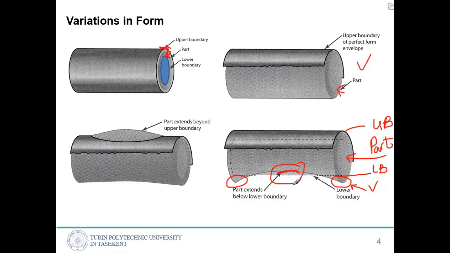In the smaller case you cannot repair it, so you have to recycle it. We cannot accept this one. But when it exceeds the upper boundary, we can cut it in the next operation, so that's okay, we can repair it.